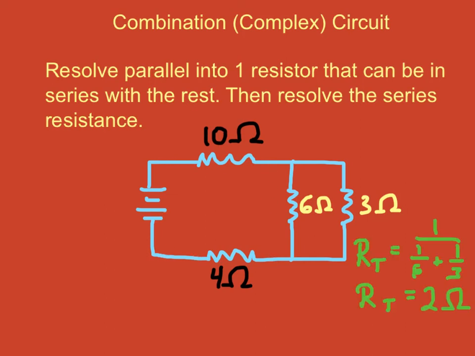In this case, parallel circuits of 6 and 3 ohms have the same total resistance as one resistor of 2 ohms. So now we can treat the main leg of the circuit as a series circuit having 3 resistors of 10 ohms, 2 ohms, and 4 ohms.